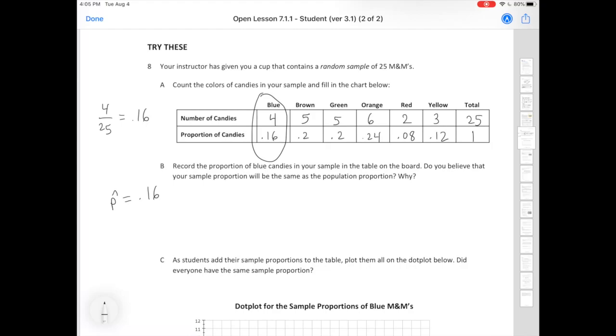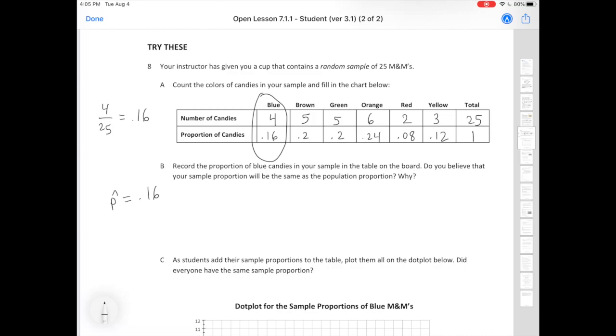Do you think that 16% of all M&Ms in the world are blue? I mean, it was true for what was under my cup, but is that going to be true for all M&Ms in the world? Do we think there's exactly 16%? Why or why not?